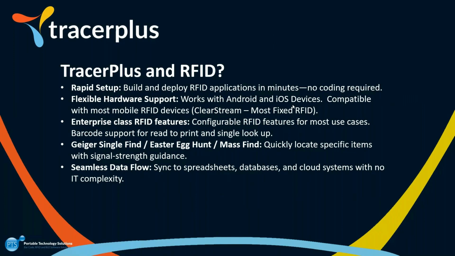So we do offer enterprise class RFID features. For most use cases, you can configure RFID for mass inventory, single RFID tag scanning, and mass RFID tag scanning, and we also include barcode support for your apps where you may want to convert your existing barcode inventory into RFID.